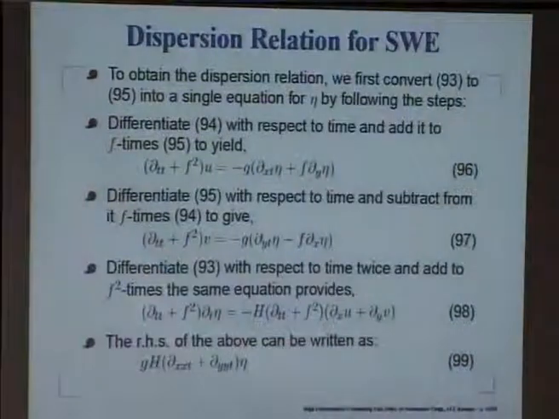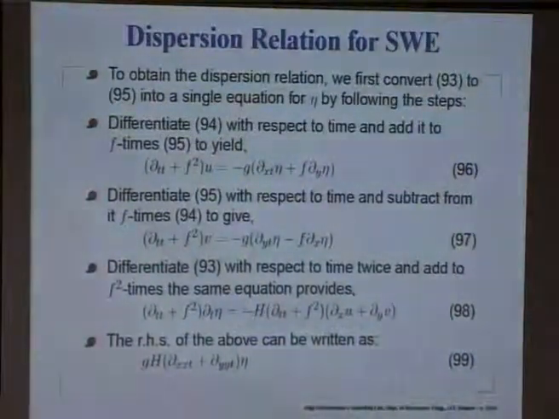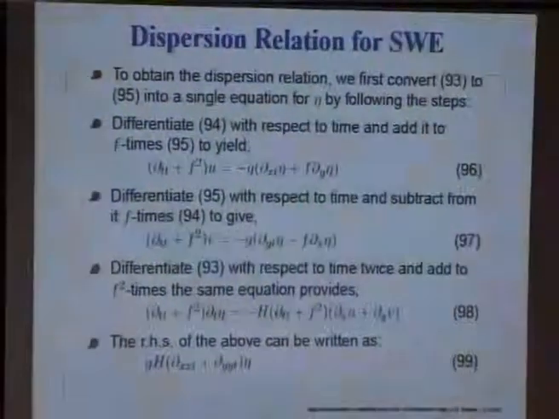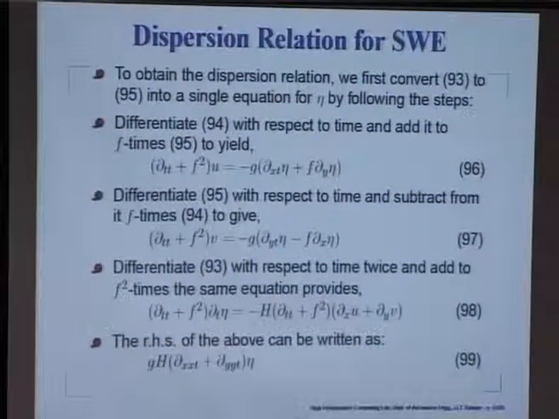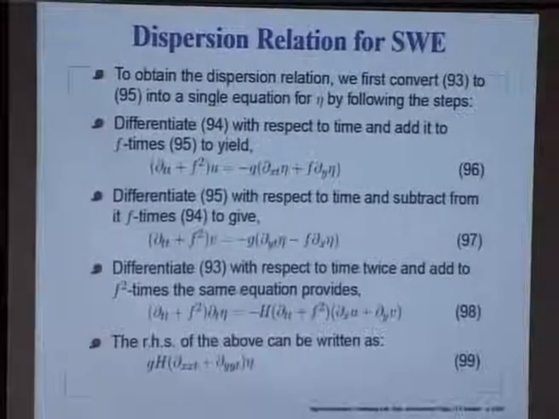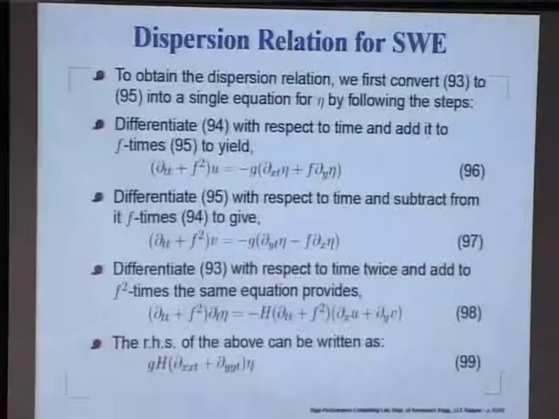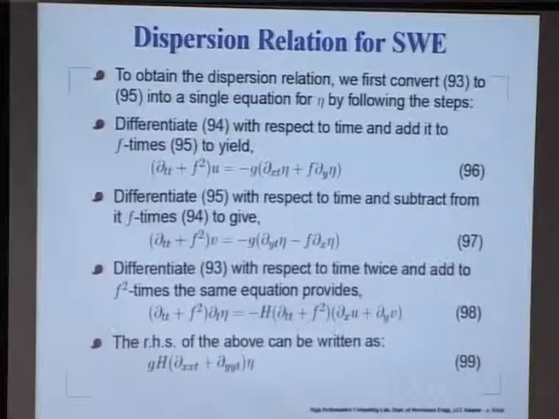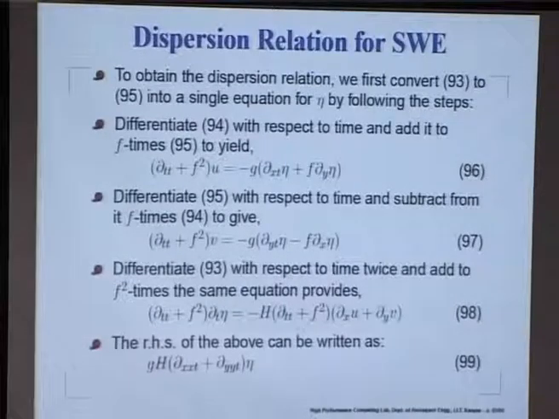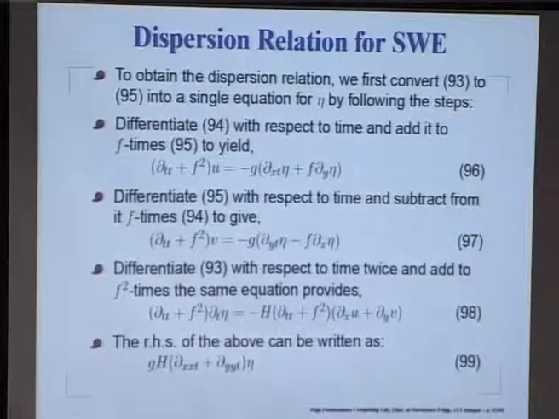We can interchange the time and x operation here. So, that is del t t plus f square operating on u, and we can get that from here. The same way del t t plus f square into v, we will take from here, and you will see there would be a cancellation, and the only 2 surviving terms would be g into capital H times this operator, right.